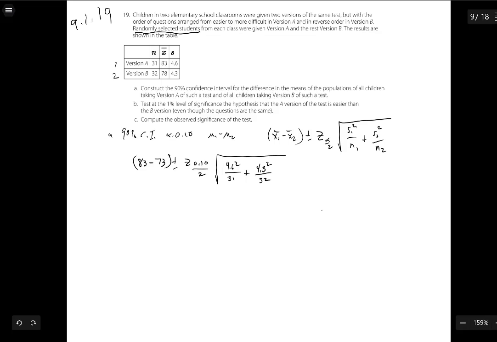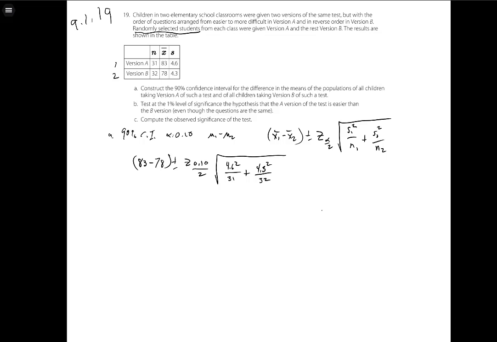And now we look up values for z and work out all of these values here. And I just noticed that when I wrote down the x2 bar, I put 73. That should be 78. So 78. All right. So let's continue here.